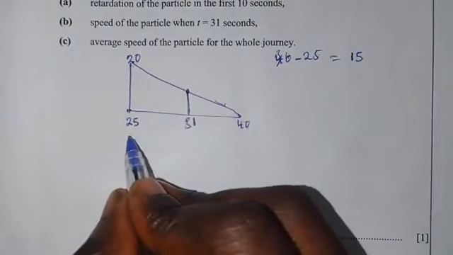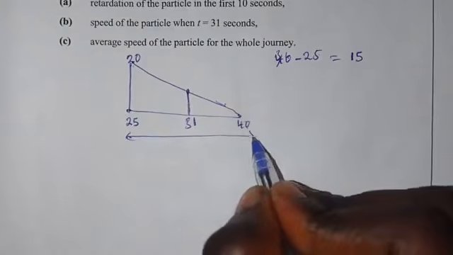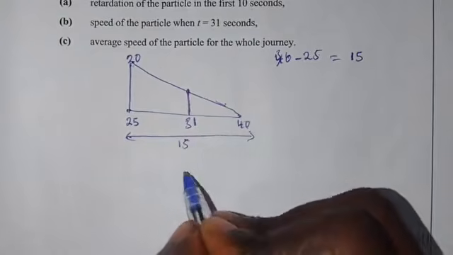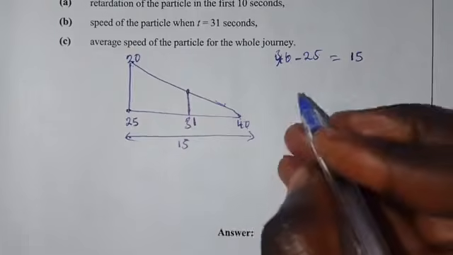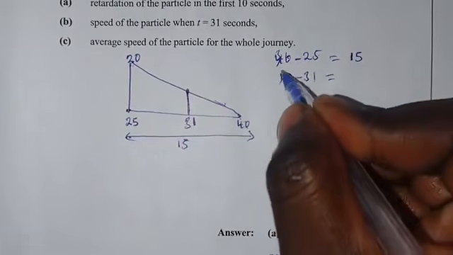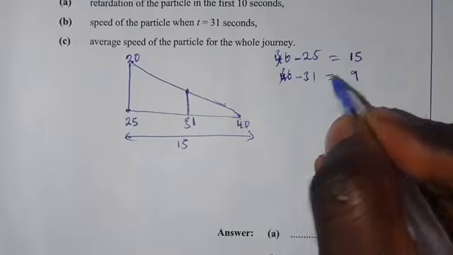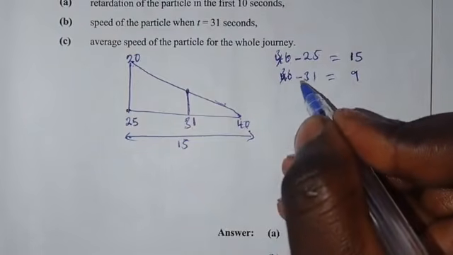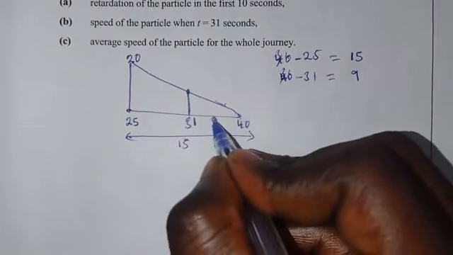So this length will be a 15. Then the length from here to here, we say 40 minus 31. So this will be 10 minus 1, it's a 9. Then 3 minus 3 is a 0. So this length will be a 9.